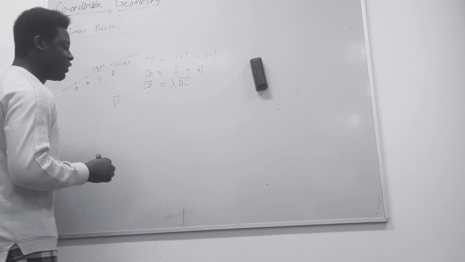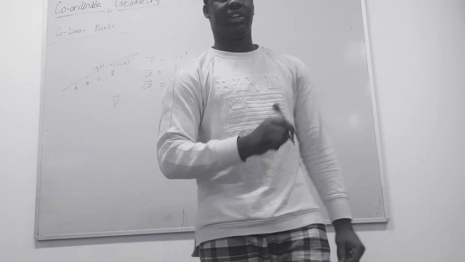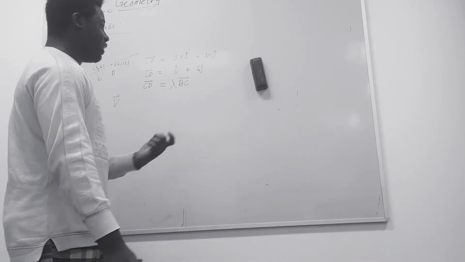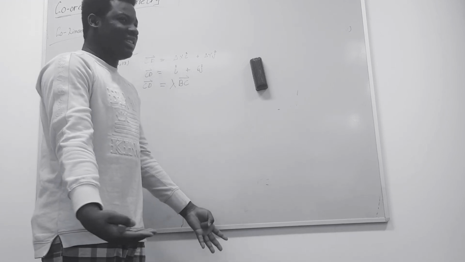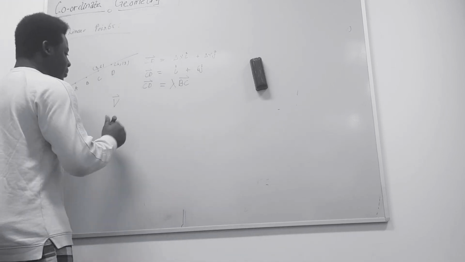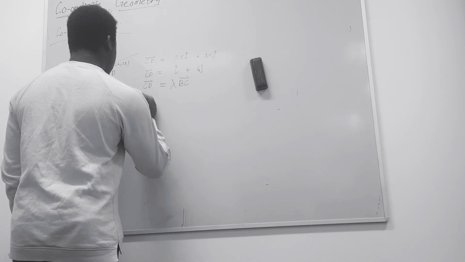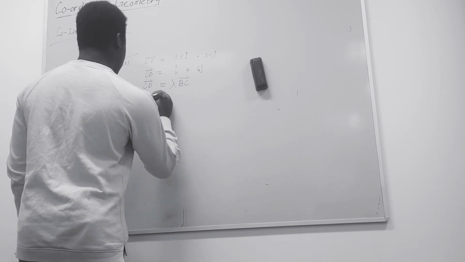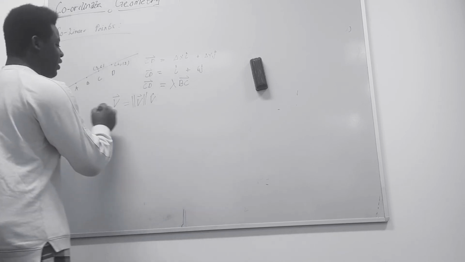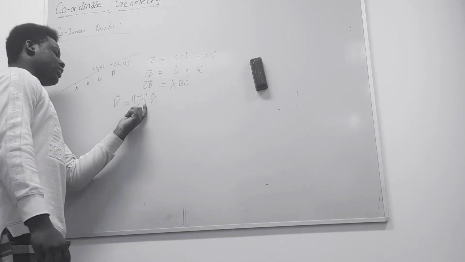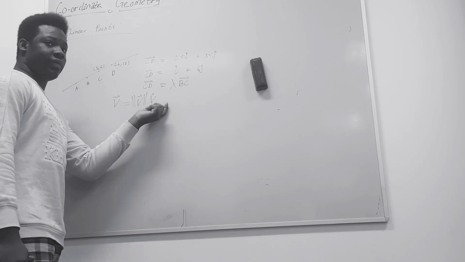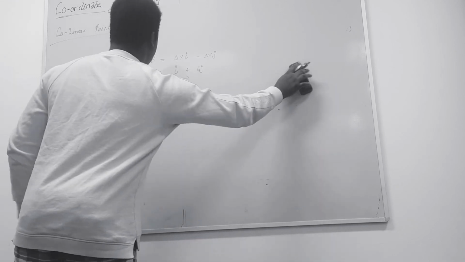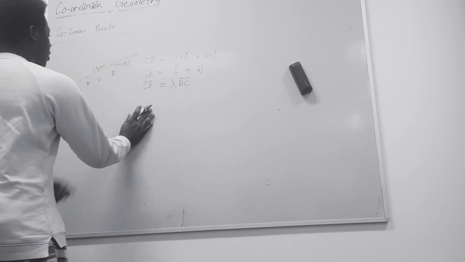Velocity is a vector and speed is a scalar, while the direction is what gives velocity its velocityness. That's not a word. Velocity is the magnitude, which is the speed, times the unit vector of the velocity, which gives the direction. So CD must be a scalar multiple of BC.